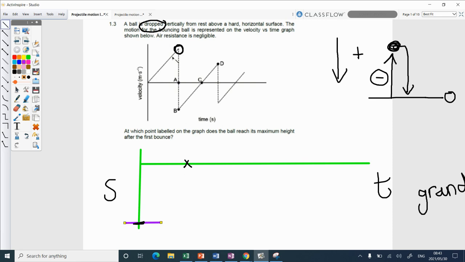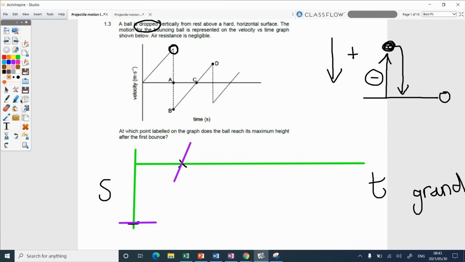When it hits the ground, is the velocity big, small, 0, positive, negative? Big, and it is positive because it hits the ground at a positive velocity. So you know your gradient must be big, steep, and now you can join your lines. Do you like this way of doing it? Because I just think it makes you think through the steps, but it also gives you a quick and easy way to draw your lines.